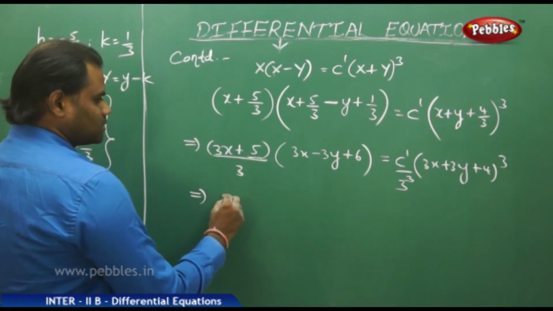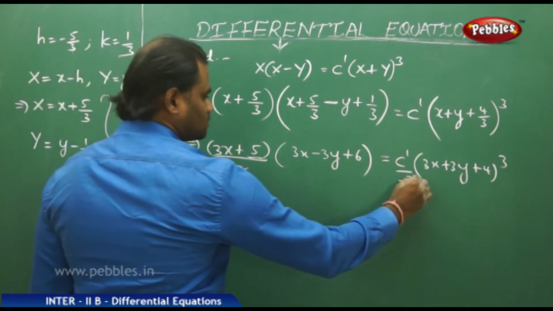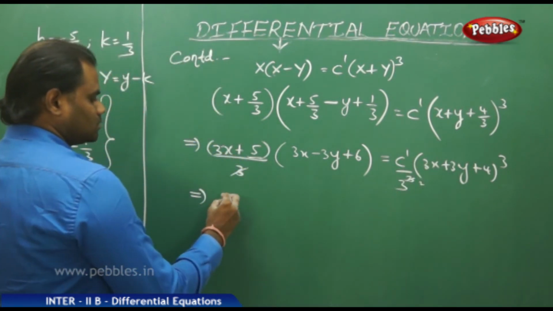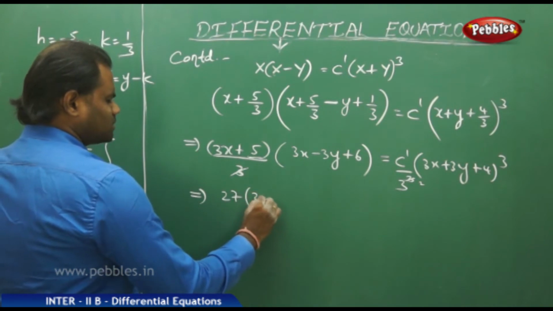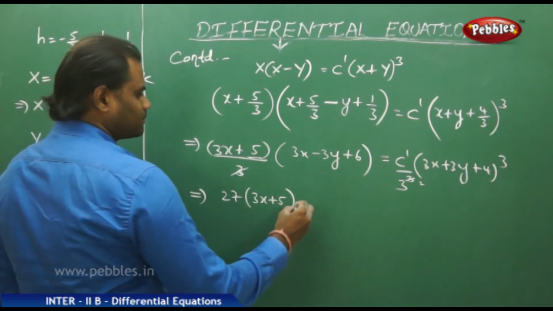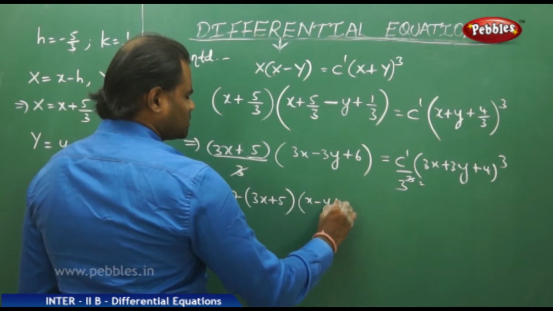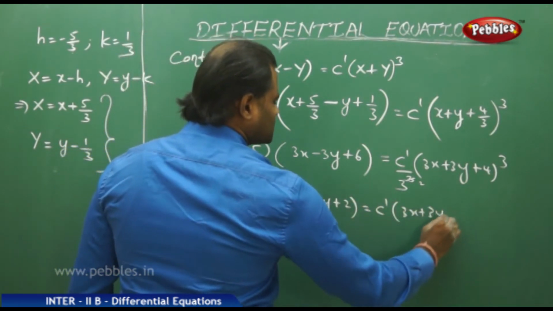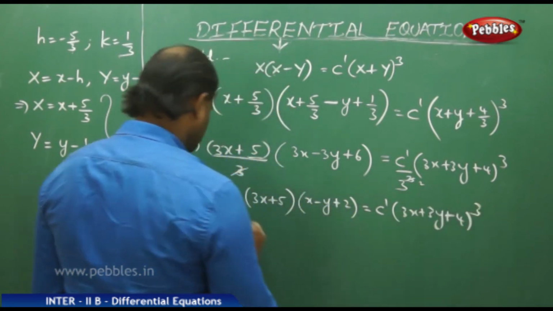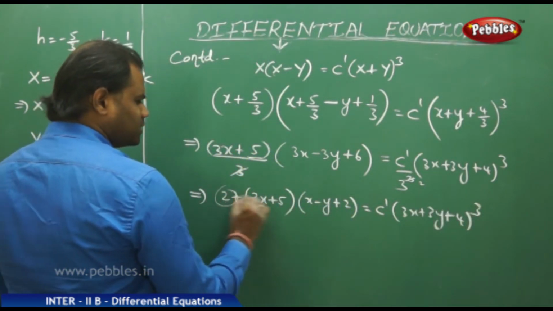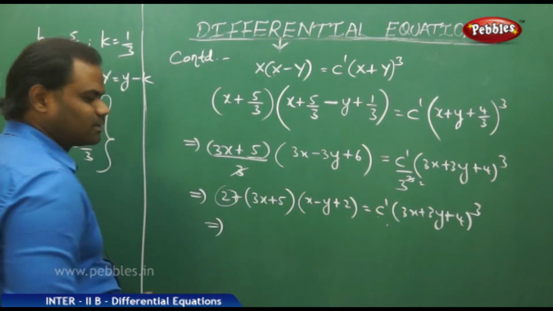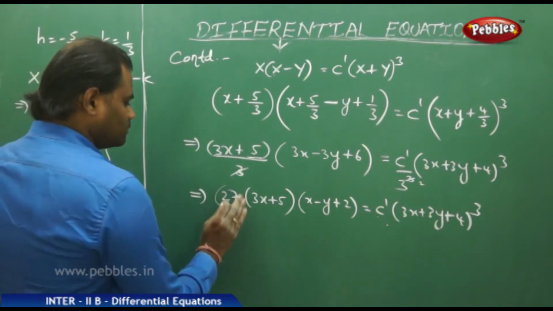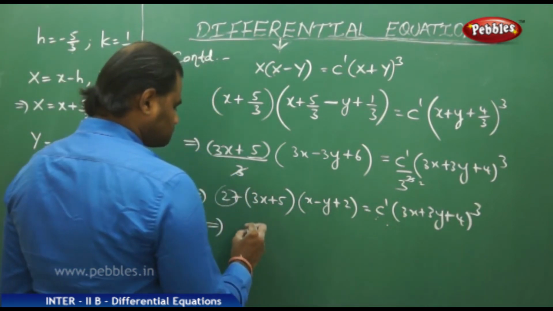So this, when cancelled with this, 27 times (3x plus 5)(x minus y plus 2) is c dash of (3x plus 3y plus 4) whole cube, which I bring here, and c dash by 27 is some other constant which I get here.